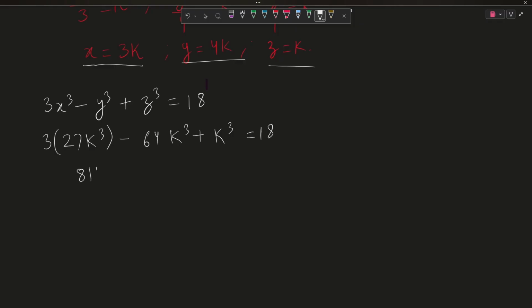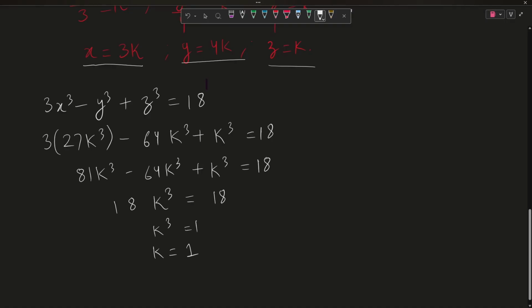It will become 81 k cube minus 64 k cube plus k cube is equal to 18. So 18 k cube will be equal to 18, or k cube is equal to 1, or k is equal to 1. So the value of k will be 1.